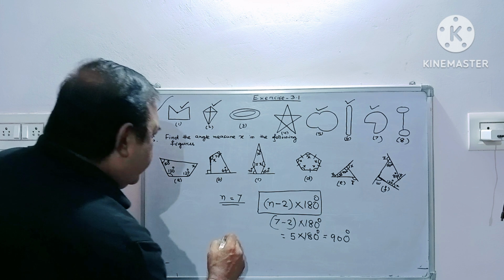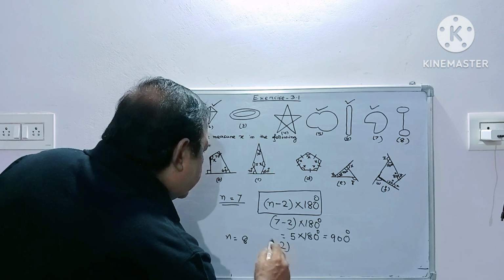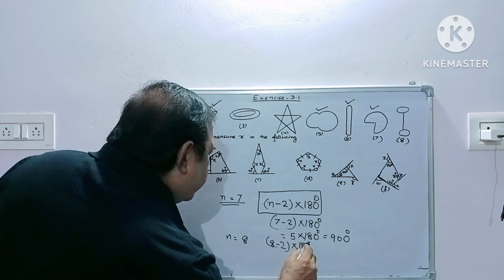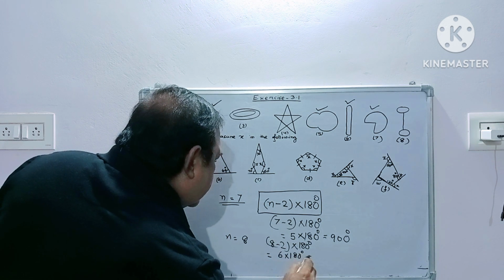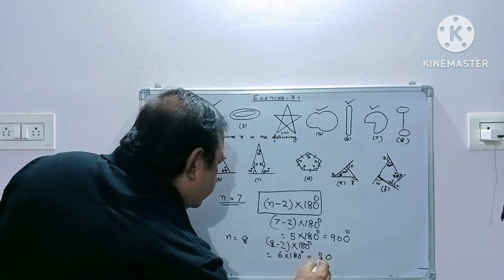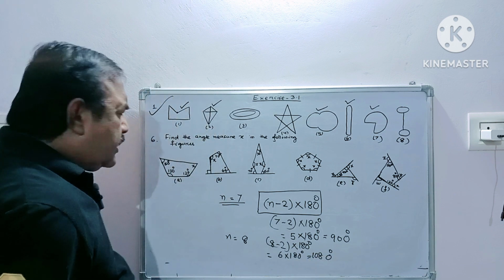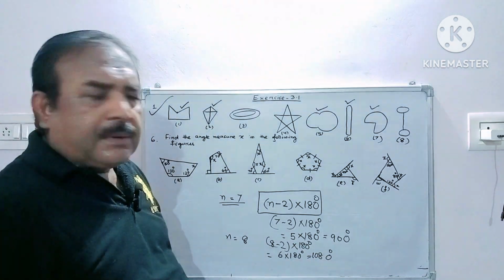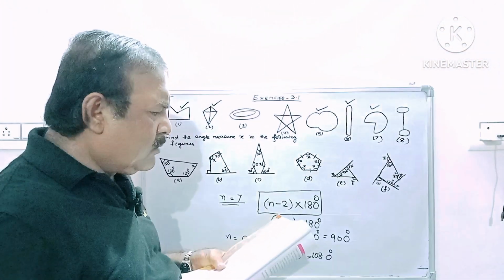Then n is equal to 8. So 8 minus 2 into 180 degrees, that is equal to 6 into 180 degrees, that is equal to 1080 degrees. That is the sum of the measures of a convex polygon having number of sides equal to 8.